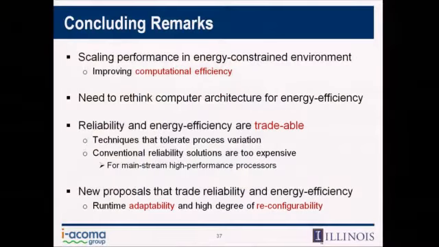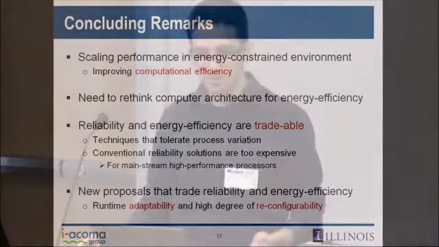So in conclusion, as you know, we have more transistors these days than we can power on. Therefore, in order to scale performance in an energy-constrained environment, we need to improve computational efficiency. This needs a rethinking of computer architecture for energy efficiency from the ground up.